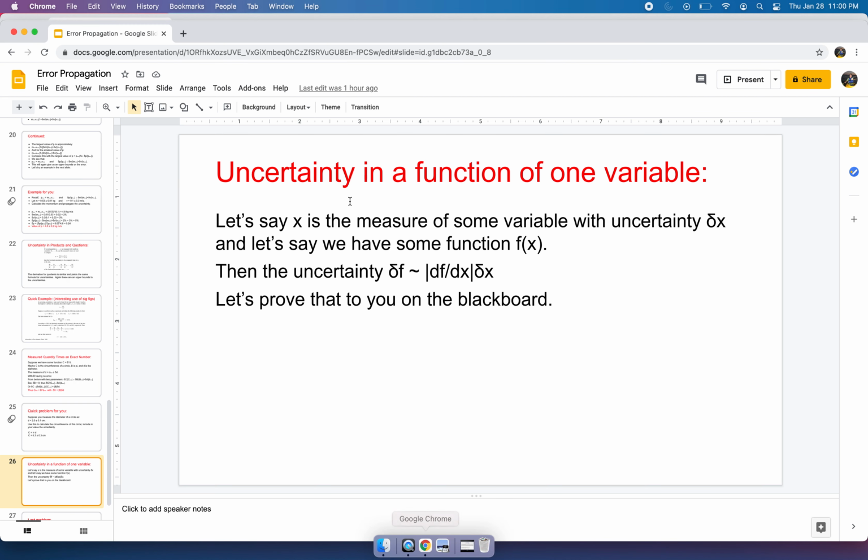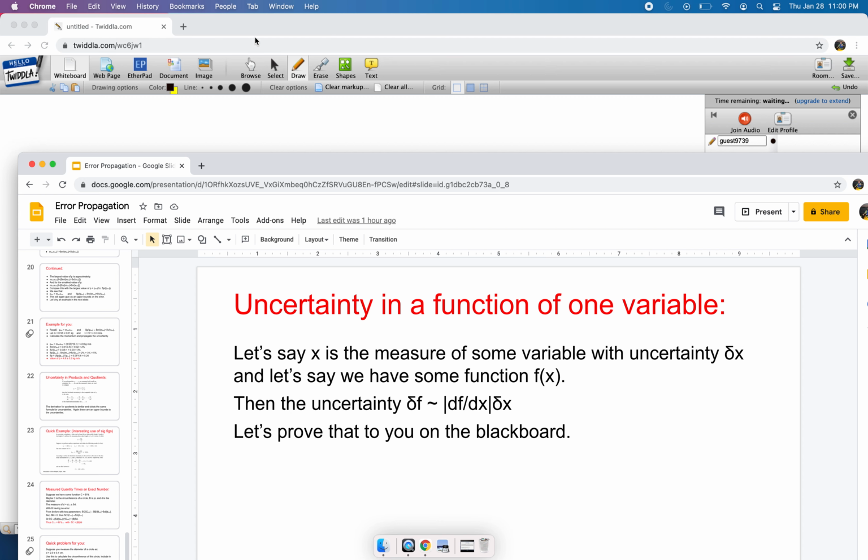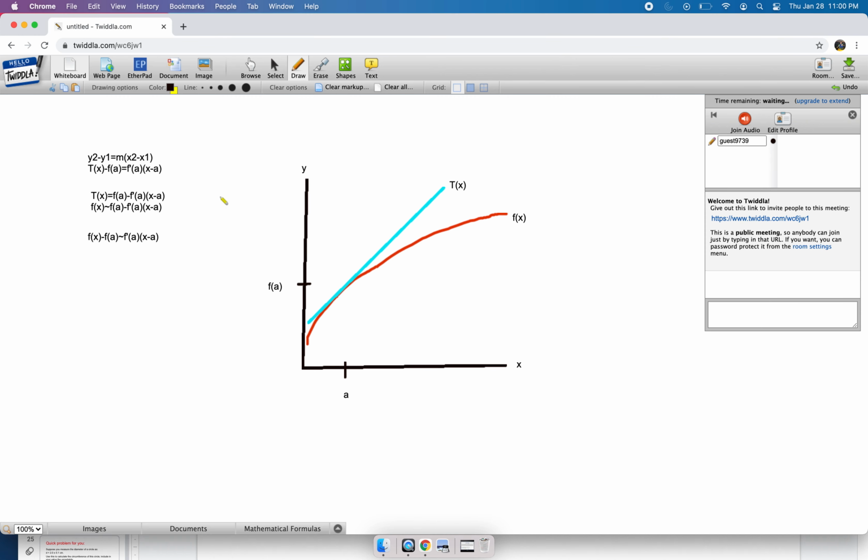Hopefully my web page didn't close. Good. Let's say we have a function f of x, in red. Now let's say we have a tangent line at a. Let's call the tangent line t of x, which is consistent with your calculus book.